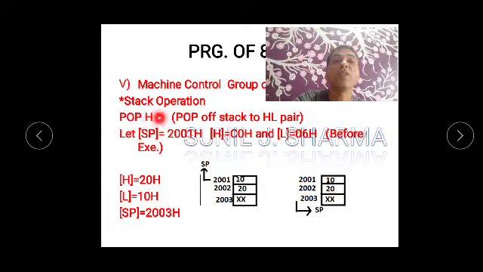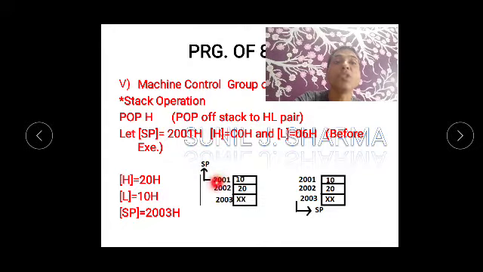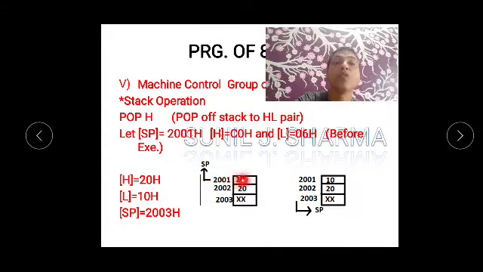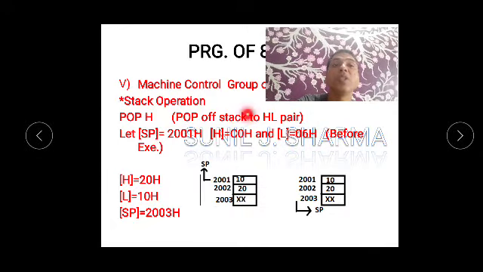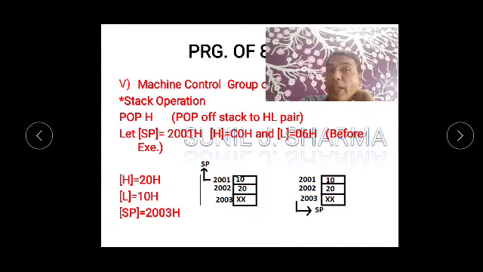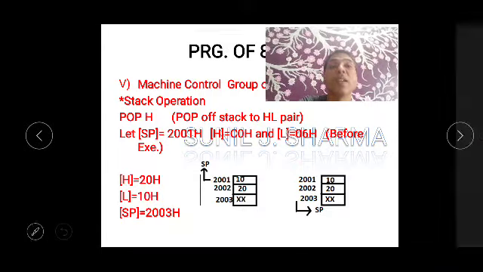Okay, now can you see we have taken a different example, POP H. So let's take that the stack pointer is pointing to this position, 2001, and the contents of the HL pair, now can you see, H is C0 and L is 06. Now what happens in this case? The contents of the HL pair will be changed.